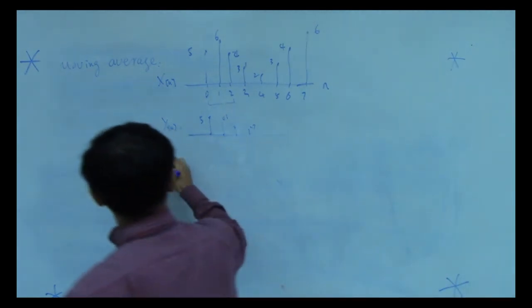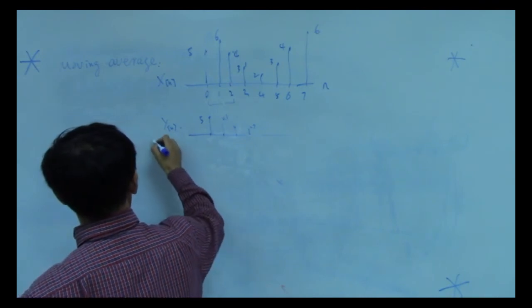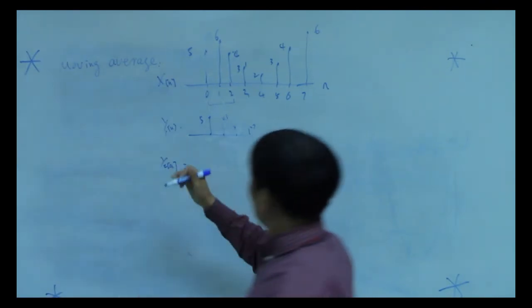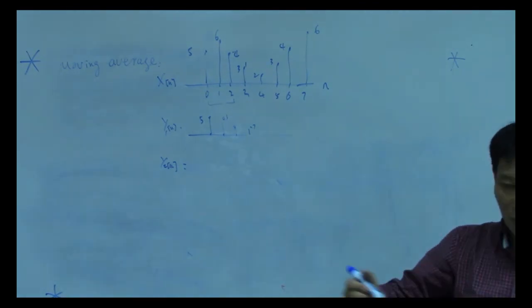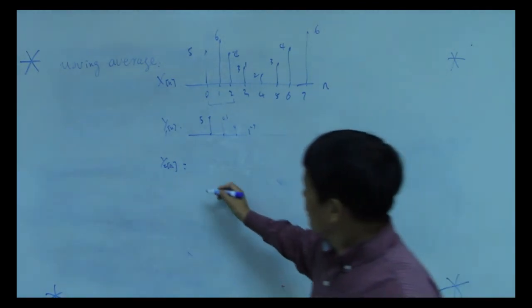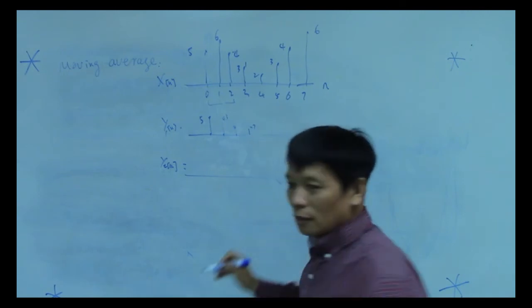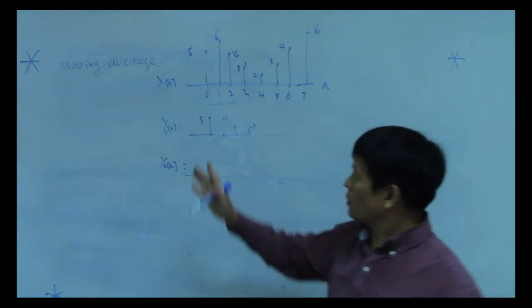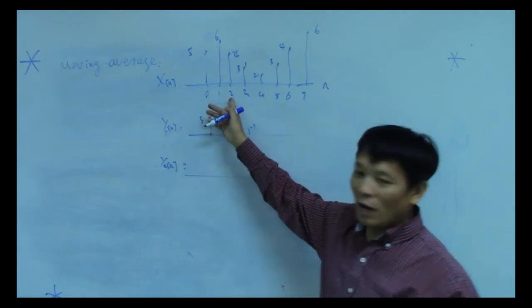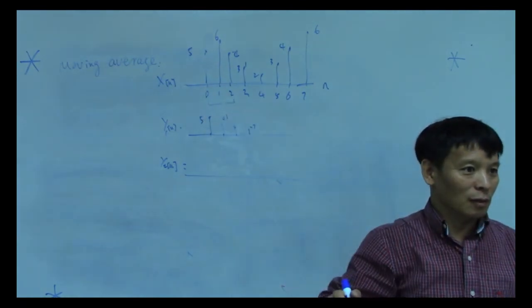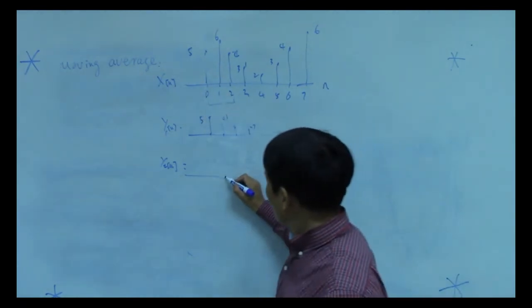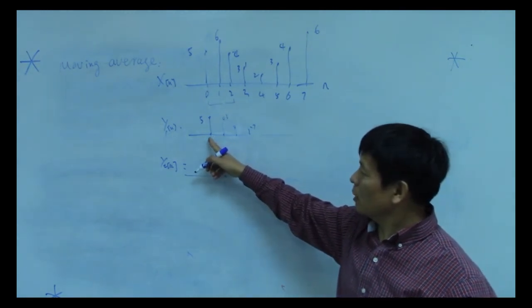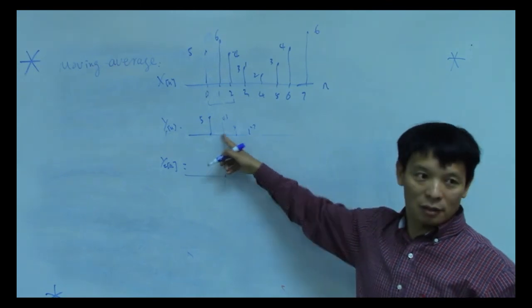And I can also define, so this is y[1], how about y[2]? I want to define another, maybe still an average of 3, but I will use the neighbors, one before, one after, and also the current time. So for example, for 1, I will use the average of this one, plus this one, plus this one. This is 3.